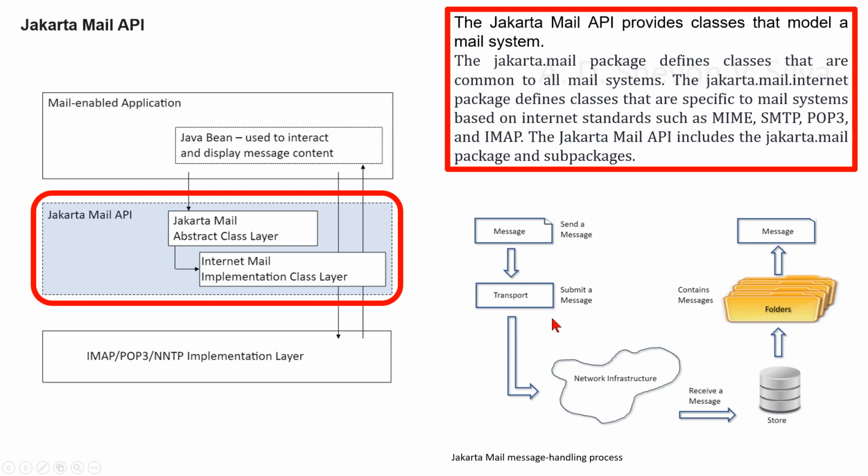The transport class models the transport agent that routes a message to its destination address. This class provides methods that send a message to a list of recipients. Invoking the Transport.send method with the message object identifies the appropriate transport based on its destination addresses.